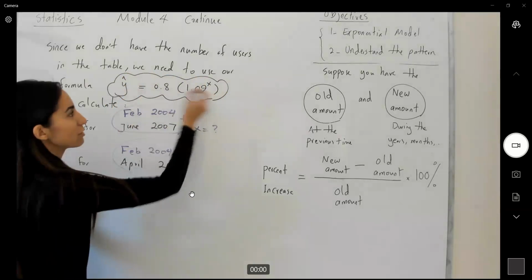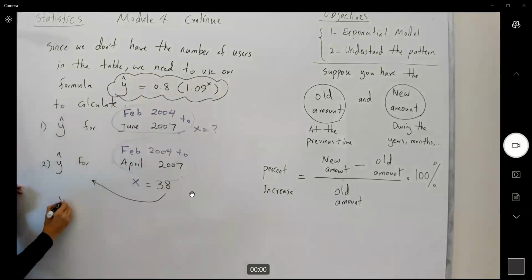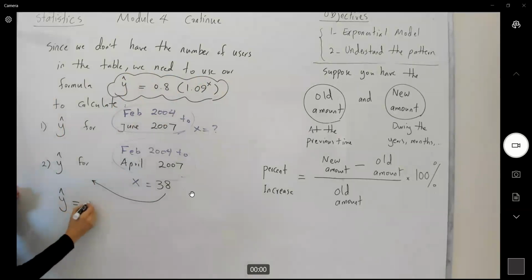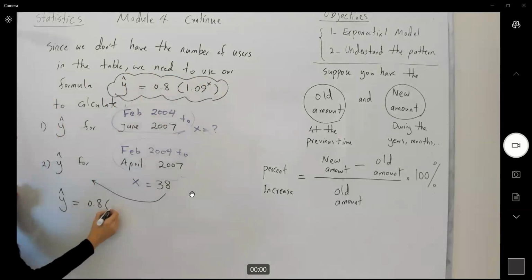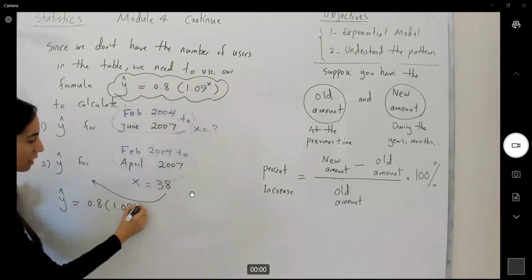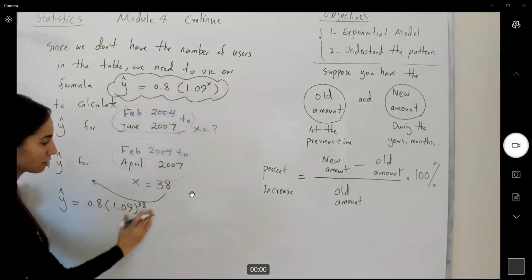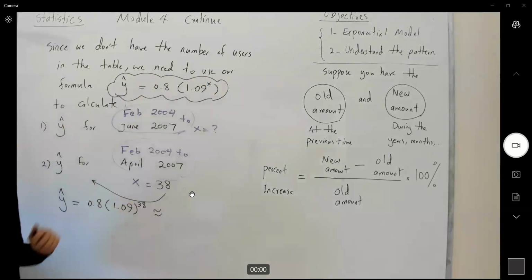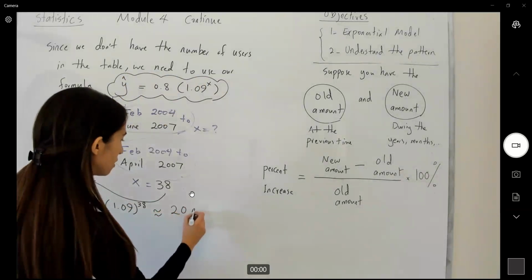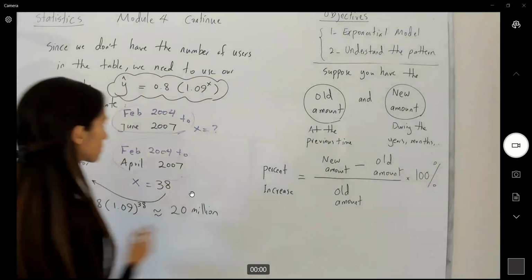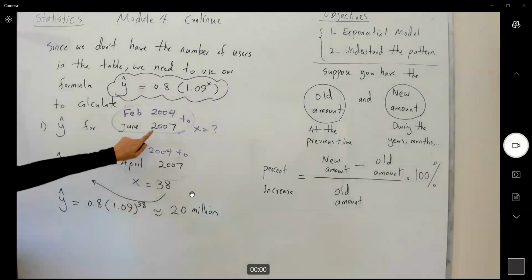If I don't have the information in the table, my y hat is equal to 0.8 times 1.09 raised to 38, which is approximately 20 million users.